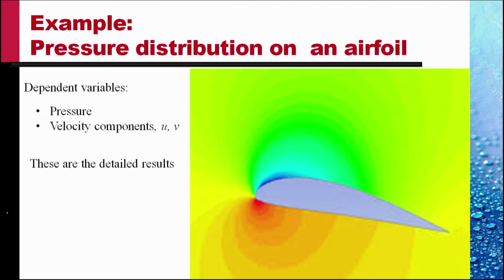They give us at every point what the pressure is, what the shear stress is, what the velocity component is on the surface of the airfoil, or even anywhere in the flow field. Dependent variables, they are variables and they are dependent. They depend upon the nature of the fluid motion. They are the results of the fluid motion.